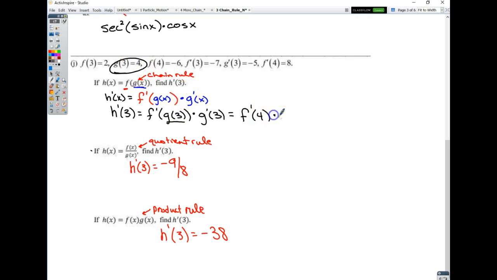It comes out here, and I'm going to leave this as g prime of 3. So f prime of 4 over here is 8 times the g prime of 3, negative 5. You get a final answer of negative 40.